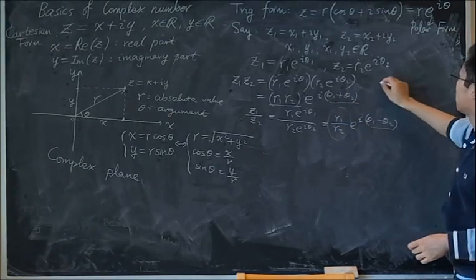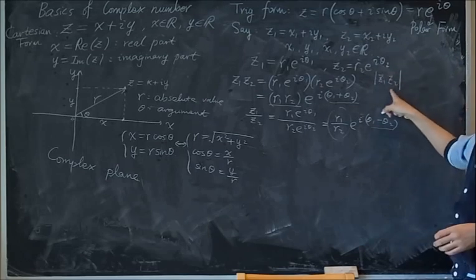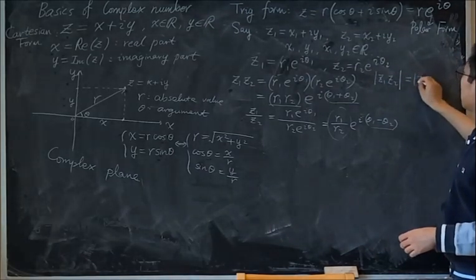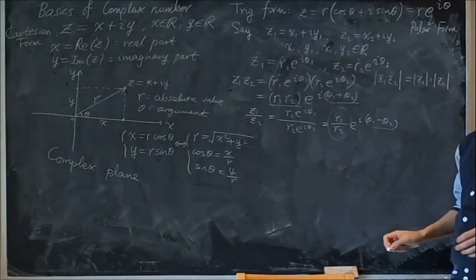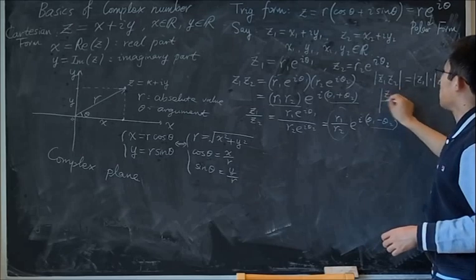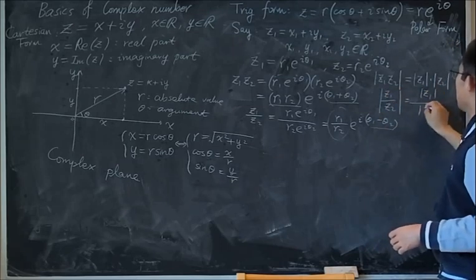So we have Z1, Z2. The absolute value is just the product of individual absolute values. If I do Z1 over Z2, that is just the same thing.